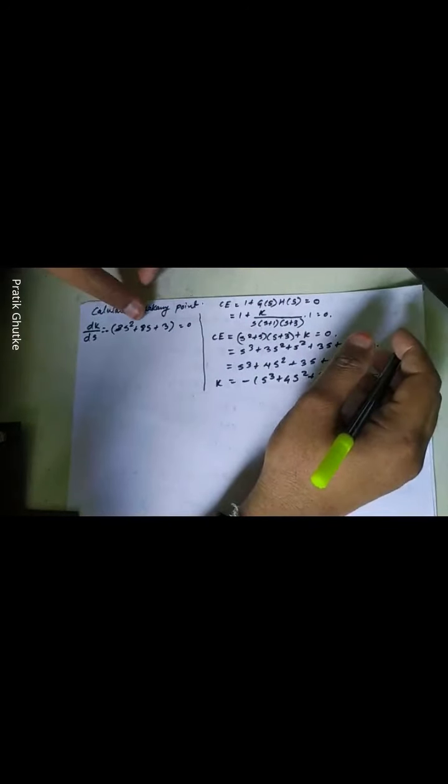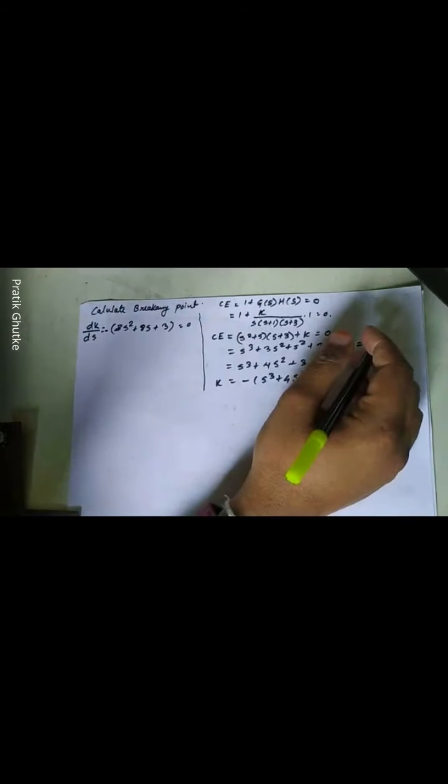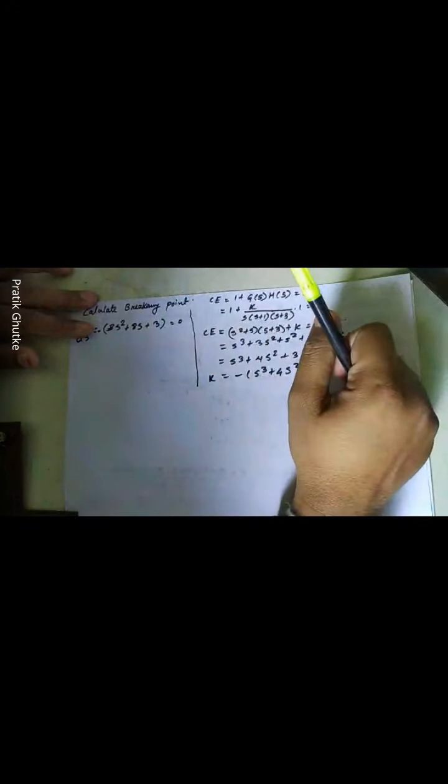How will we calculate the value for this? Find the roots of this in the calculator. Tell me the roots for this equation 3S square plus 8S plus 3. Yes, minus 0.4514 and minus 2.215.